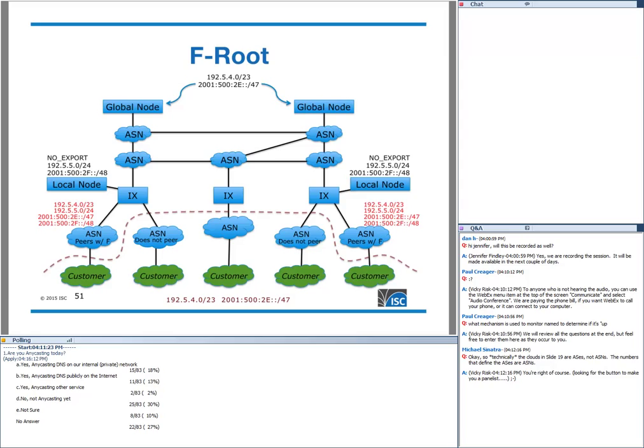Next slide. So you can see a representation of that. The local node, since it's more specific, will always be preferred in this particular instance where someone is peering with a local node. Next slide. And for the other autonomous systems that do not peer with a local node, their traffic will be destined to the global node since that is globally viewable.